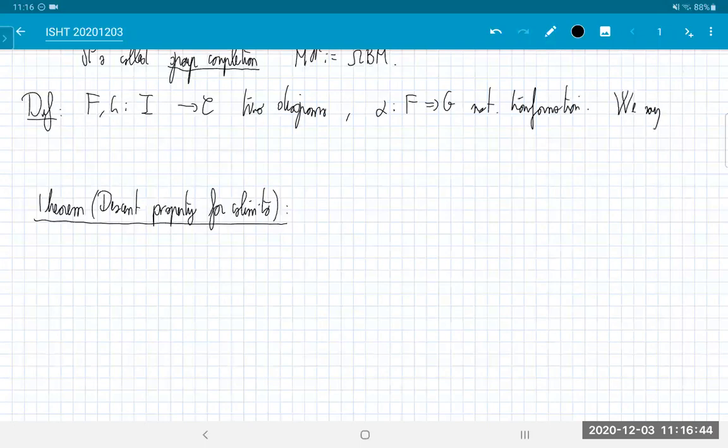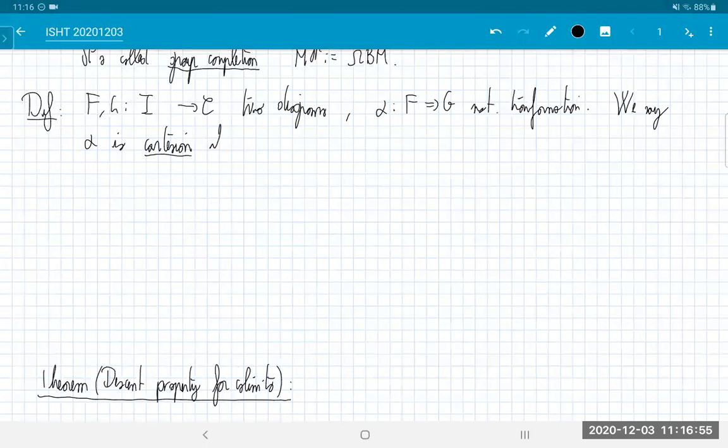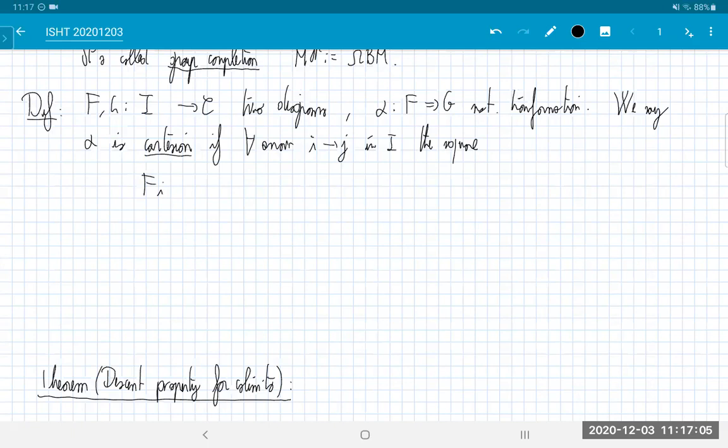We say alpha is Cartesian if for every arrow i to j in I, the square f(i), f(j), g(i), g(j), with alpha_i and alpha_j as the vertical maps and F(i to j) on top, is a pullback square.